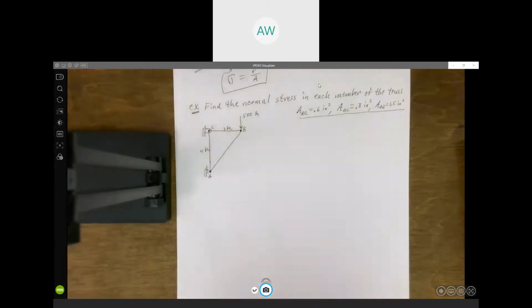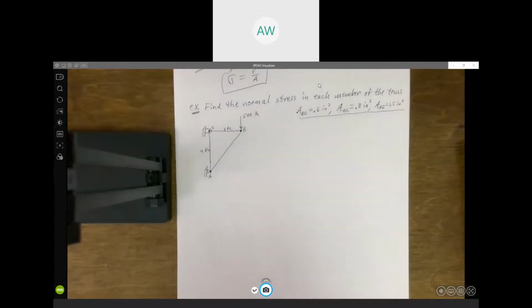Now, again, I'm not going back and reteaching how to analyze a truss, but we'll hopefully refresh your memory a little bit. But this may require you going back and digging out your statics notes and reviewing some of this stuff. In statics, you should have learned two methods to analyze a truss. One was called the method of joints. The other was called the method of sections, which is kind of what we used a couple of times already.